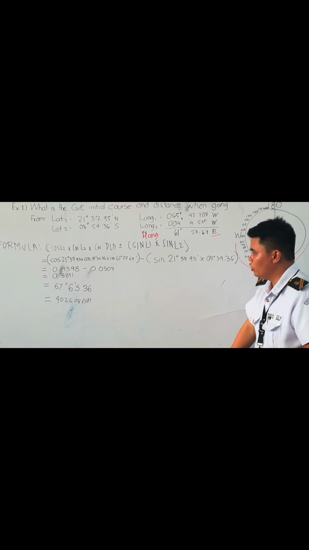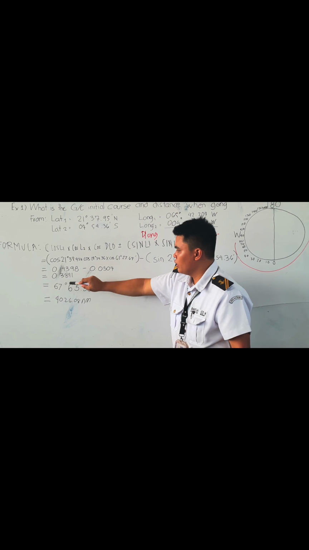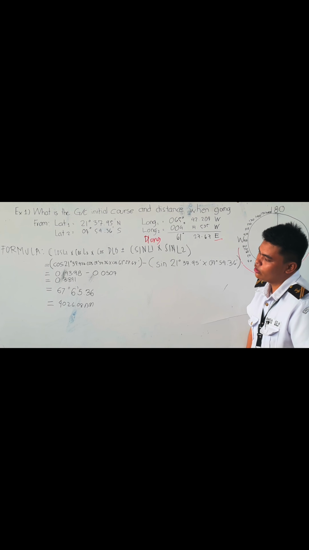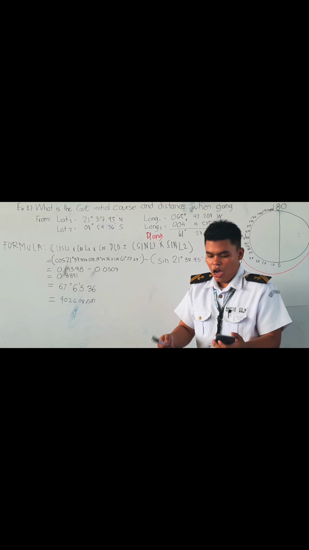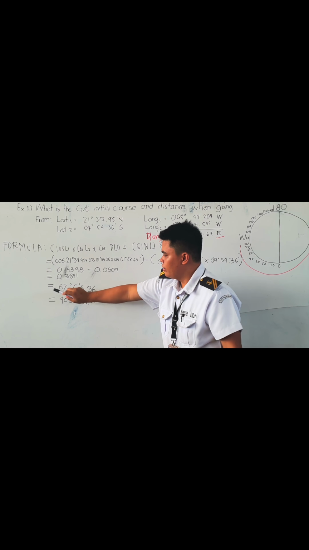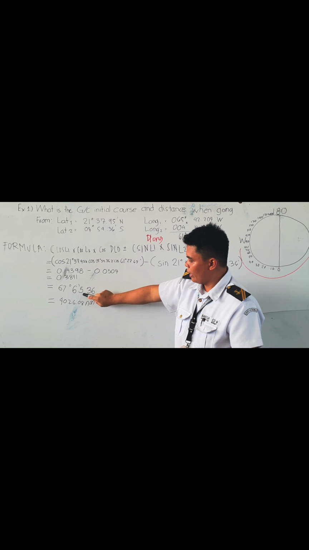So we have to subtract to get this product, 0.3891. So guys, how do we get this 67 degrees, 6 minutes and 5 seconds?